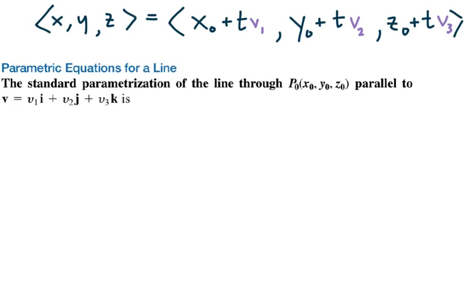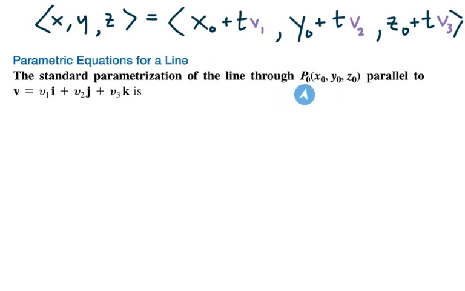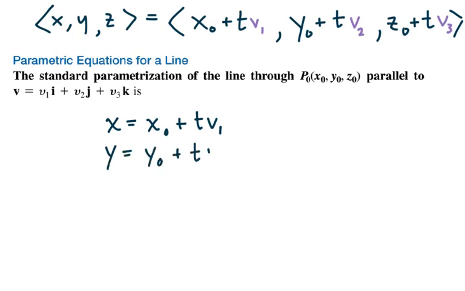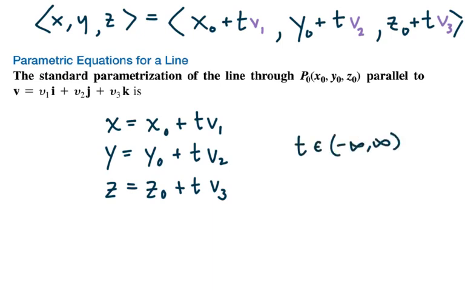If we have an initial point p naught, or p sub 0, and our v vector, what we can say then is that x equals x sub 0 plus t v sub 1, y equals y sub 0 plus t v sub 2, and z equals z sub 0 plus t v sub 3. And of course, this holds for any t value as long as it is a real number.